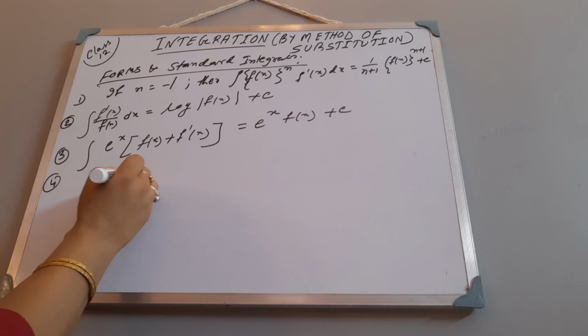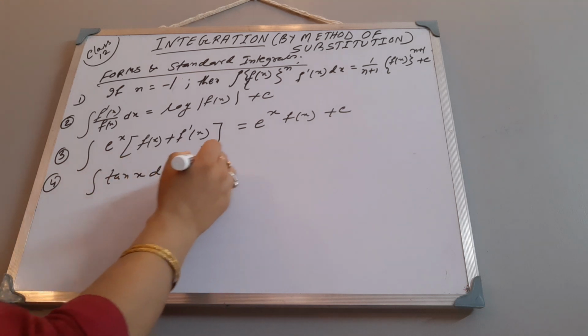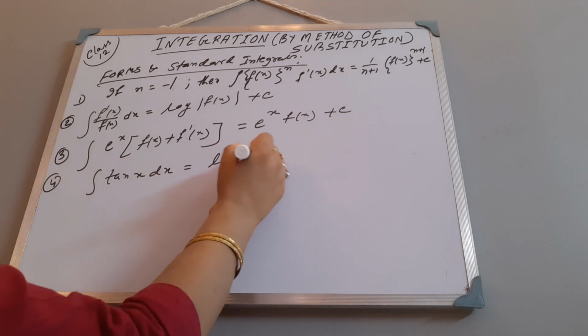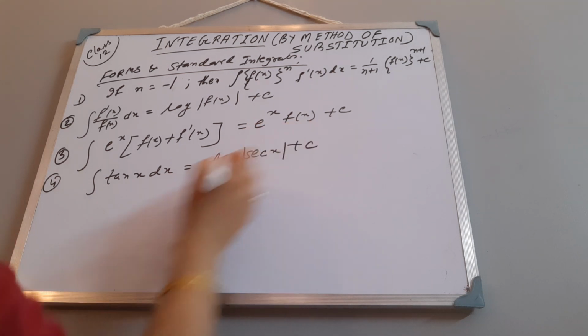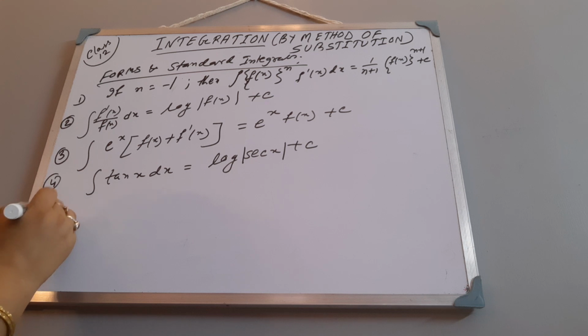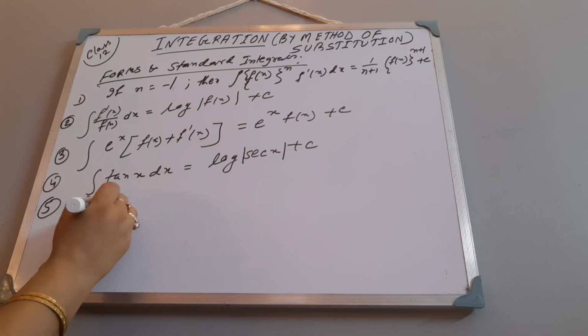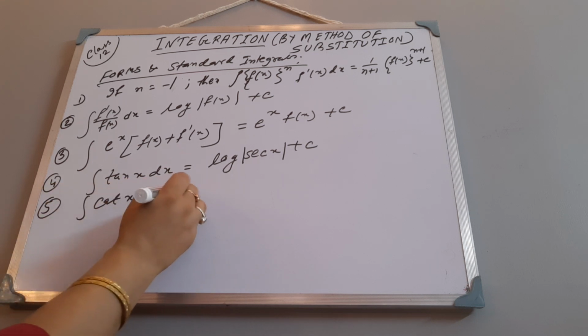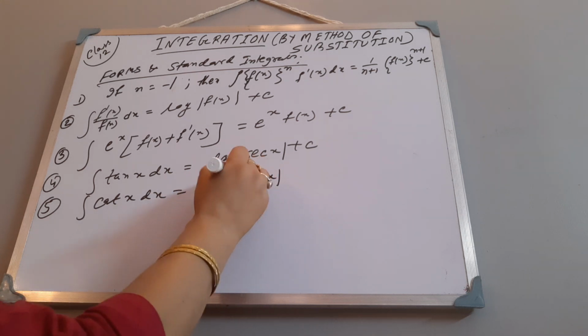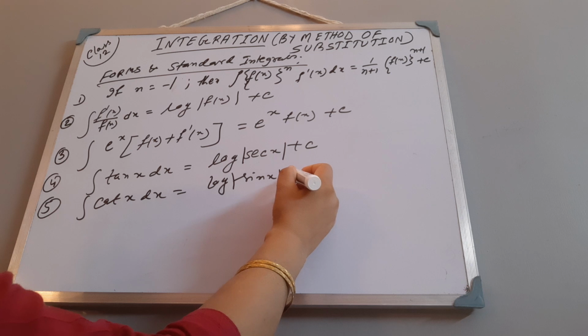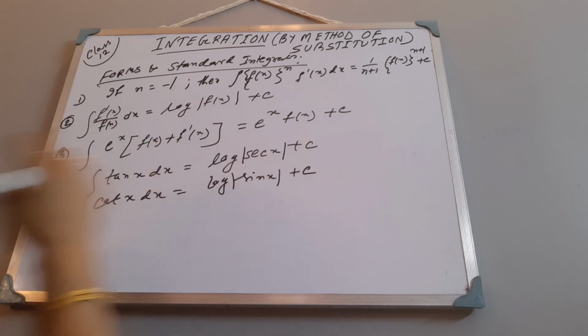Integral tan x dx is equal to log sec x plus c. Integral cot x dx is equal to log sin x plus c.